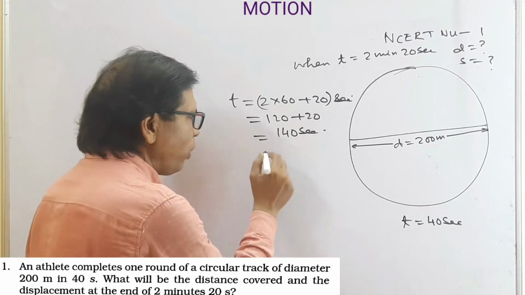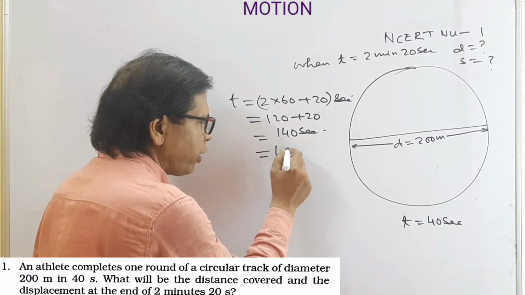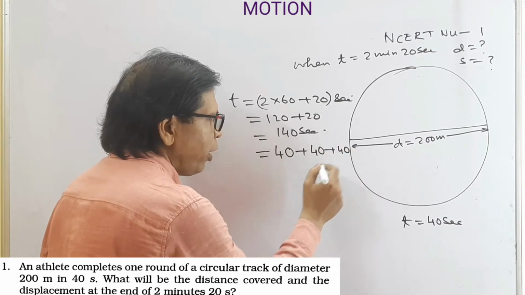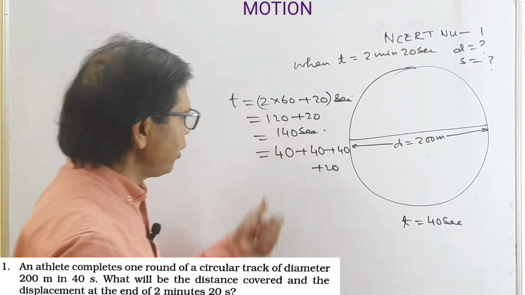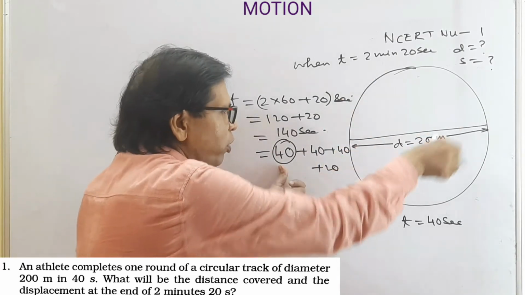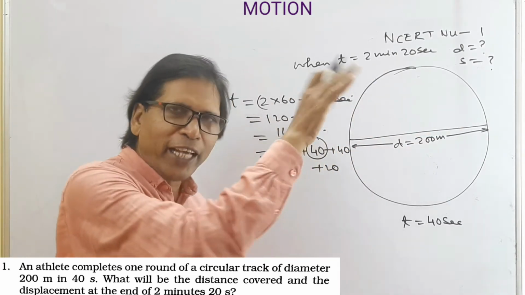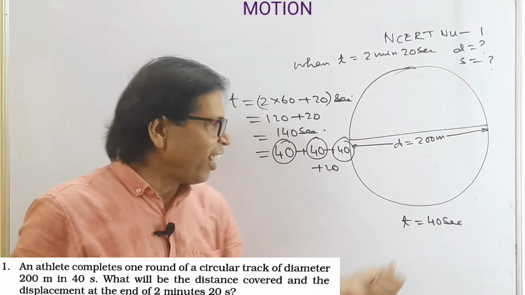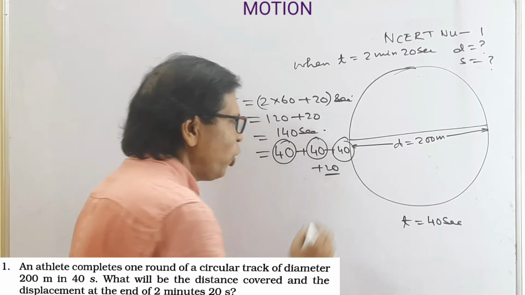Now 140 can be written as 40 second plus 40 second plus 40 second plus 20 second. In 40 seconds, the athlete moves one round. The next 40 seconds, another round. And the next 40 seconds, the final round. Now the next 20 seconds.